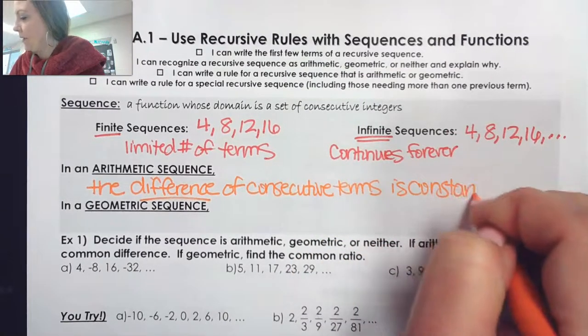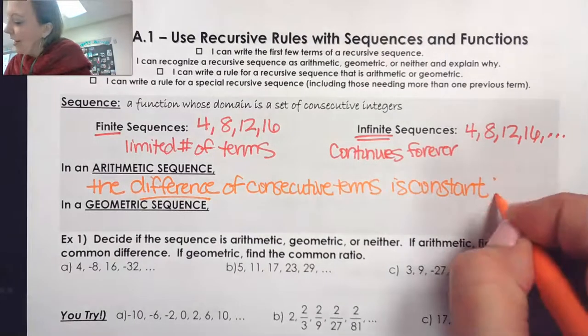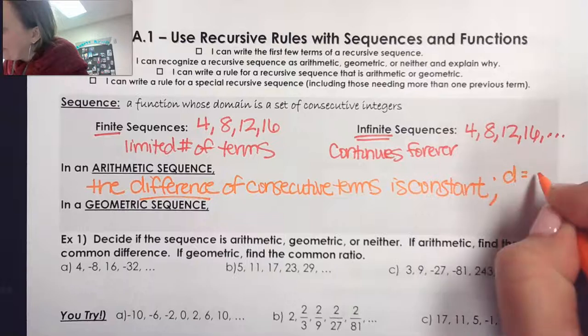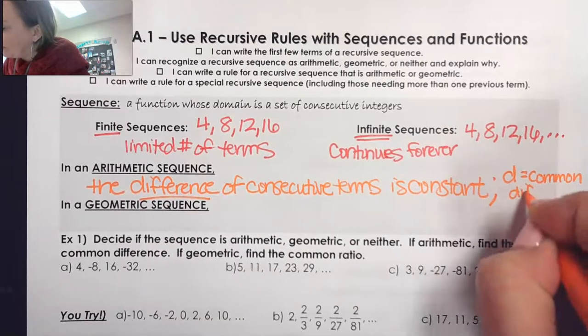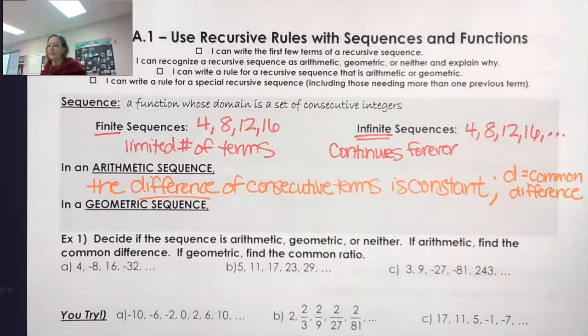Okay. And one thing we noticed about that is that it looked linear. So in an arithmetic sequence, we're adding or subtracting the same thing. And in an arithmetic sequence, we're going to say that d is called our common difference. To find our common difference, we always take the new minus the previous.